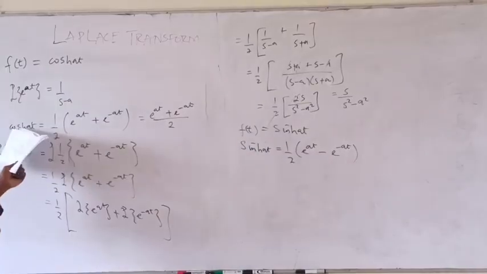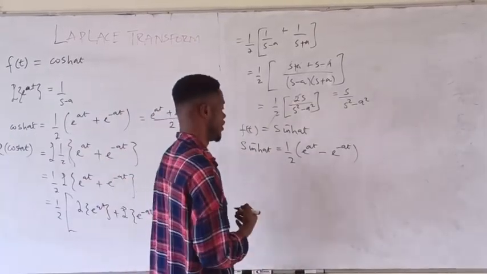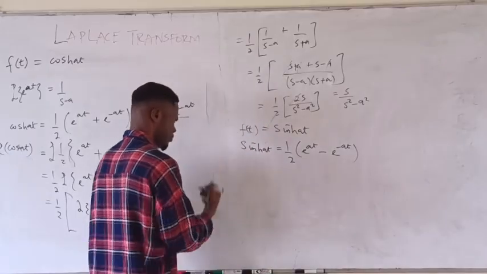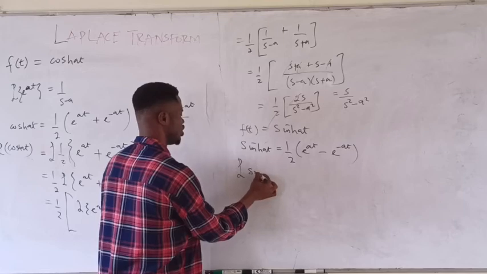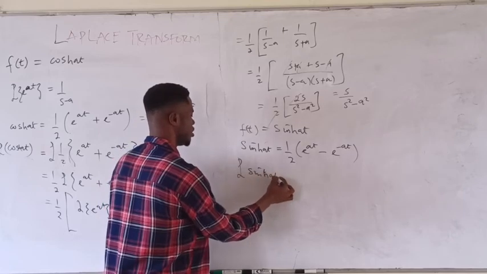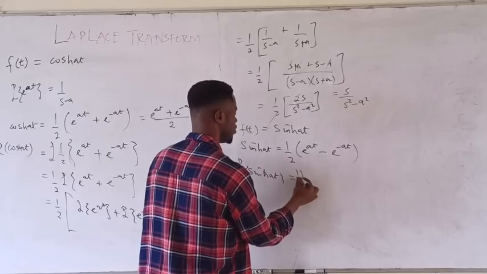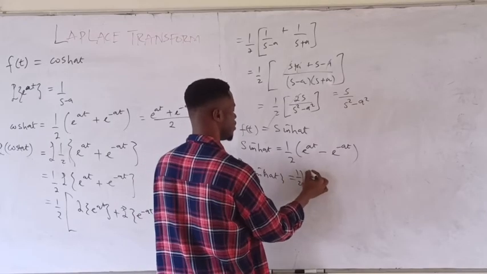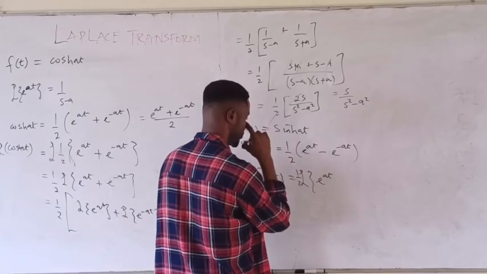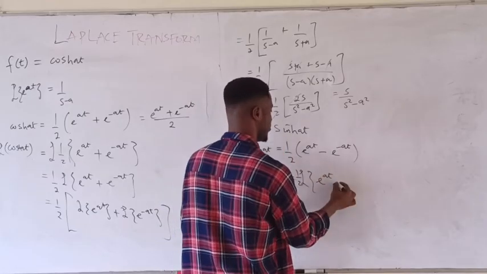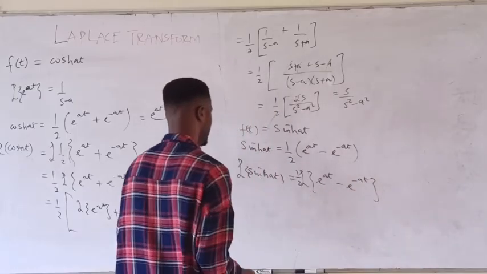So the difference between the cosh and the sinh is just the signs on them. That is to say, the Laplace of sinh at is equal to the Laplace of 1 over 2 of exponential of at minus exponential of minus at.